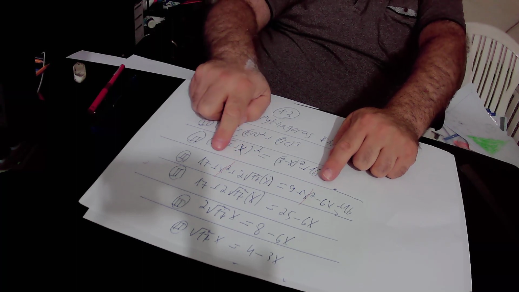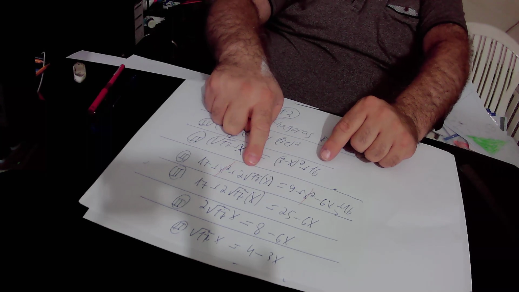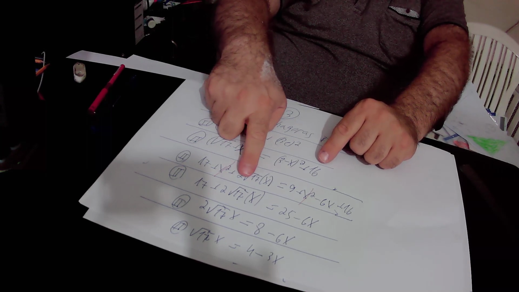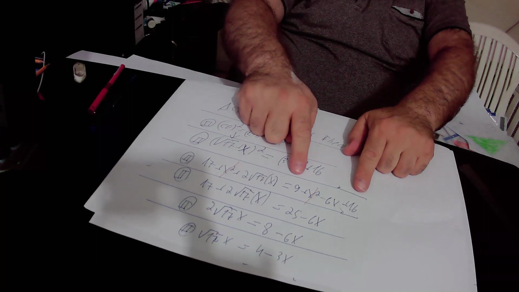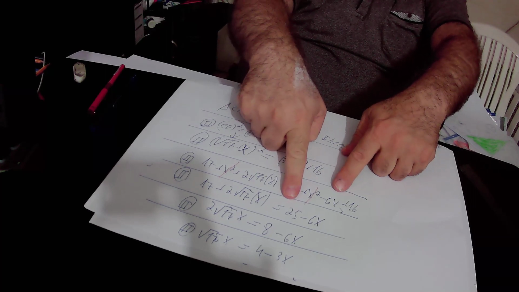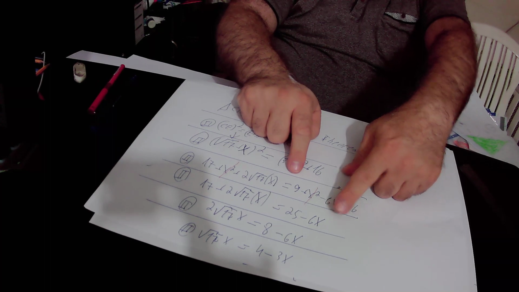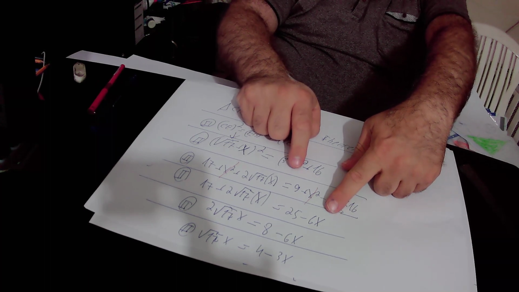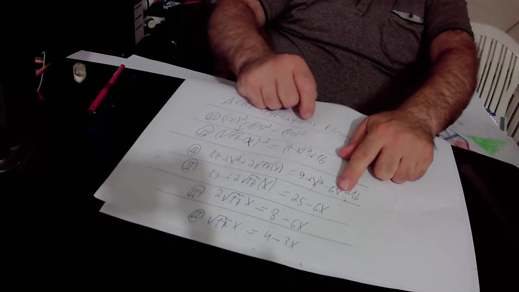What is left is 17 plus 2 times square root of 17x, and 9 plus 16 is 25. Here on the other side, minus 6x is left. We copied it from here to here.